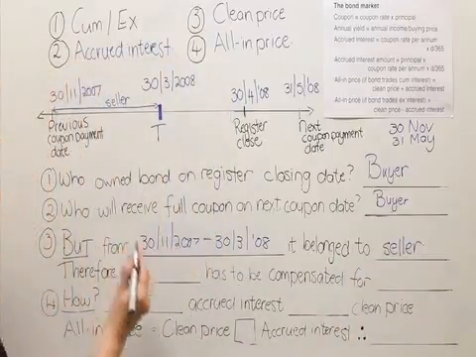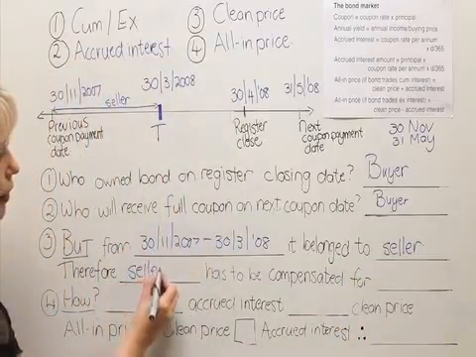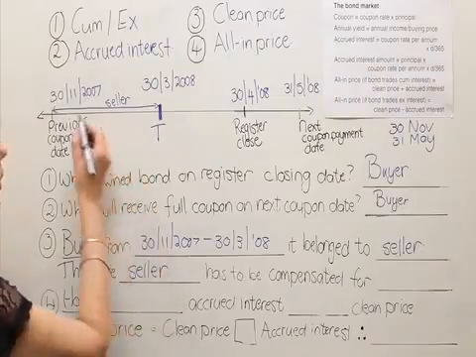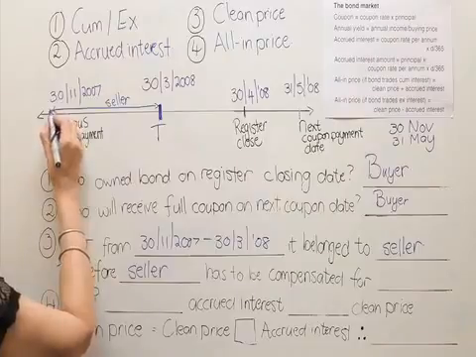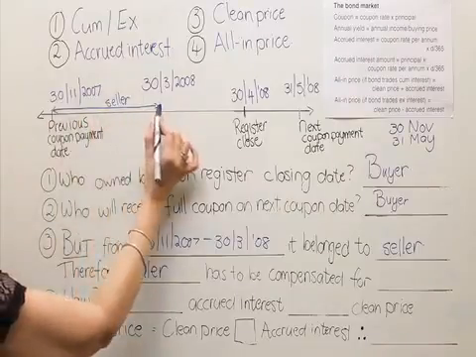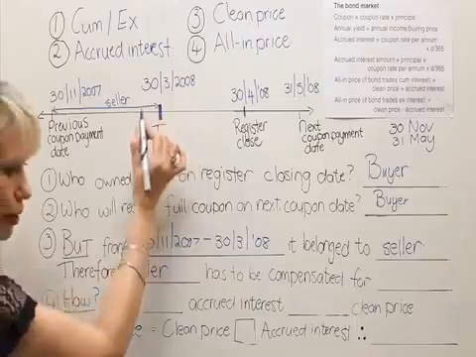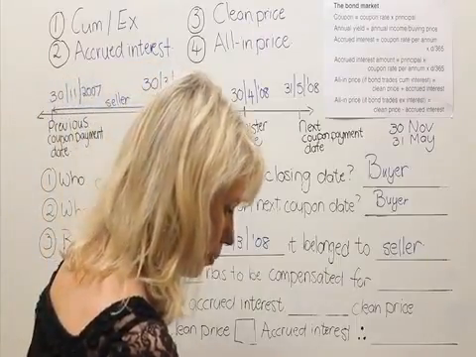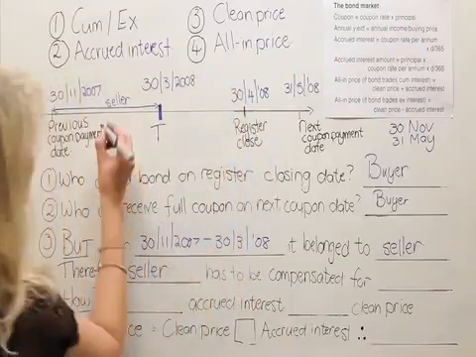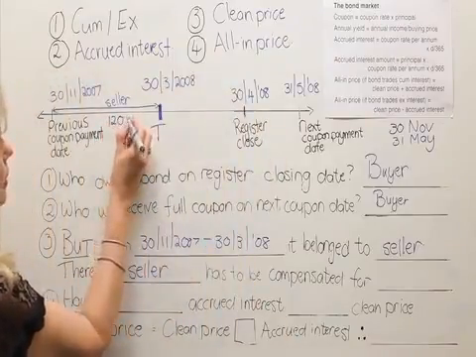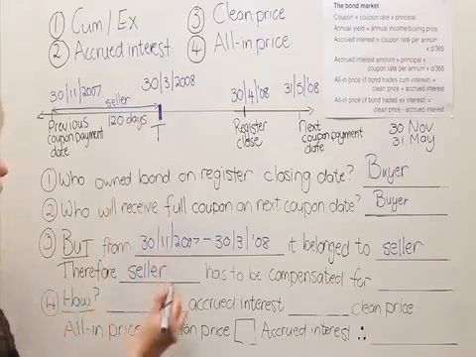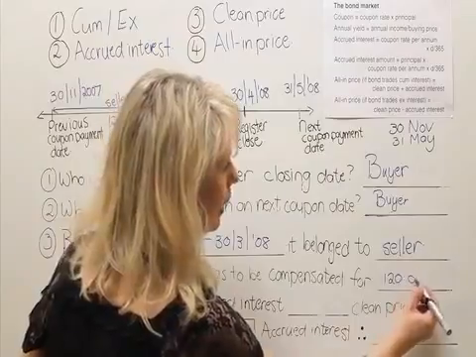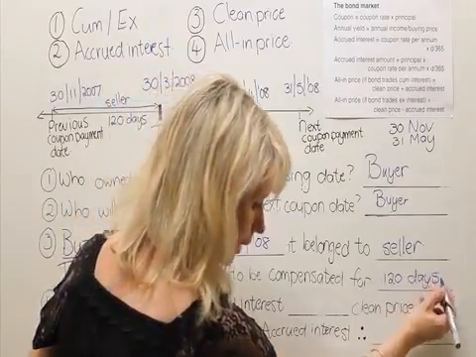And therefore, the seller has to be compensated for this period. In the question, it is indicated that the number of days is 120 days. So the seller has to be compensated for accrued interest for 120 days.